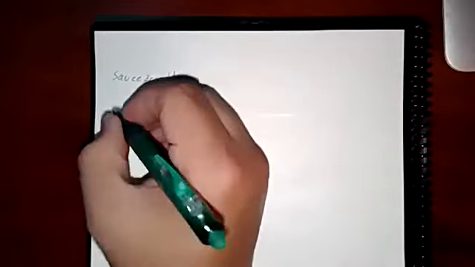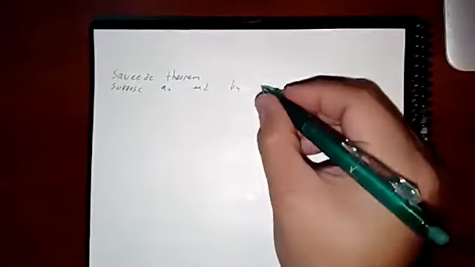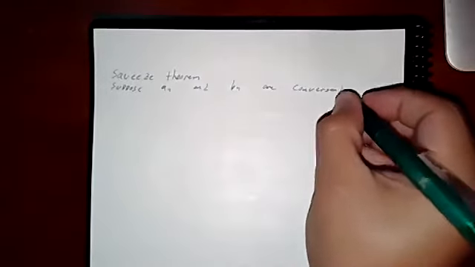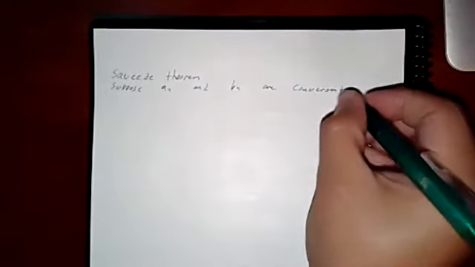So suppose a sub n and b sub n are convergent. So you know that a_n and b_n converge to something. You already know this.